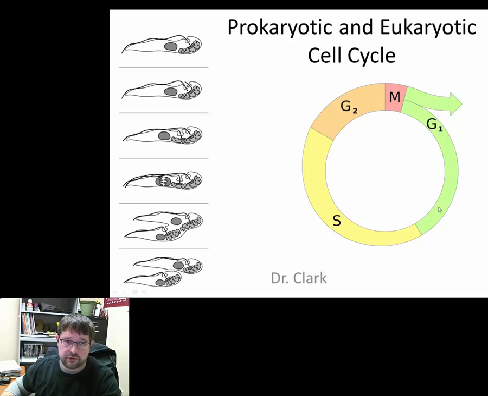Here you can see a species of trypanosoma. This is a eukaryotic cell, but it's going through cell replication much like a prokaryotic cell would. The nucleus is going to copy itself, and then other things in the cell, like mitochondria and lysosomes, are going to copy themselves.